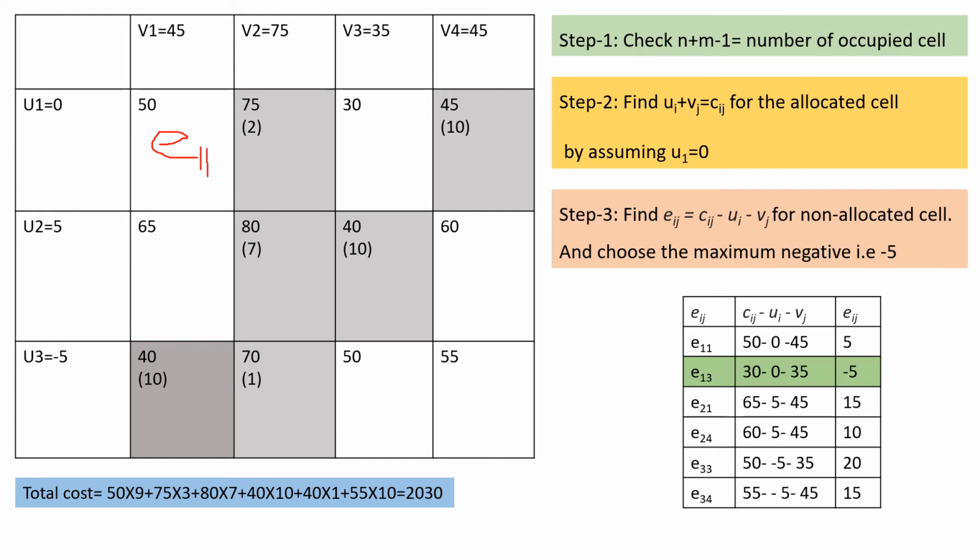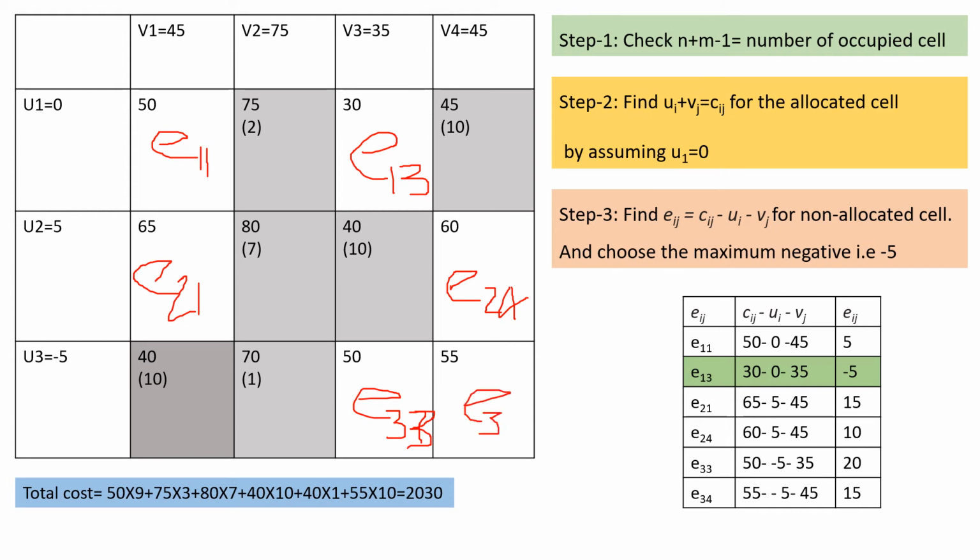Here is another non-allocated cell, E13, and the other is E21, another non-allocated cell, and here E24, another non-allocated cell, and the other is E3, another non-allocated cell. Sorry for the clarity. And the other is E34.